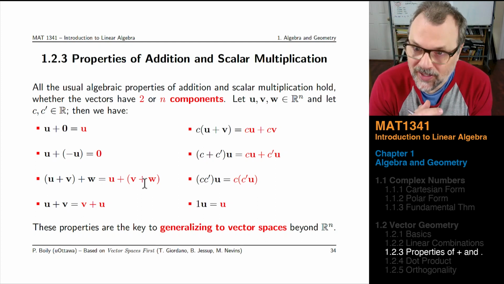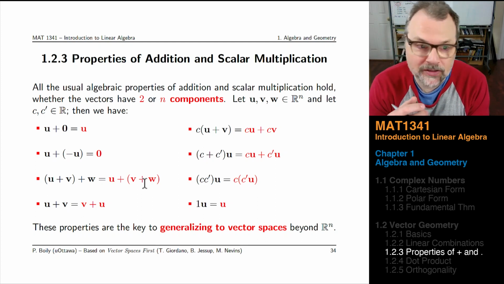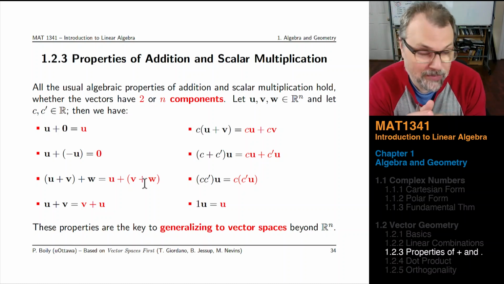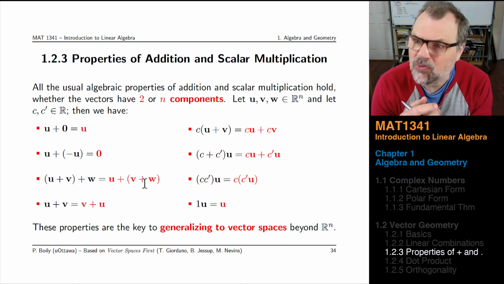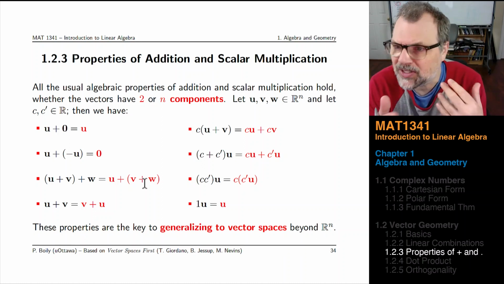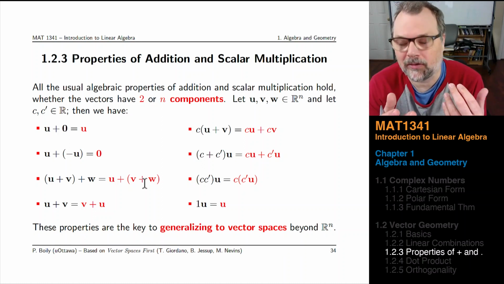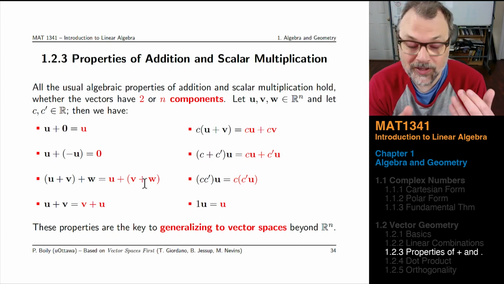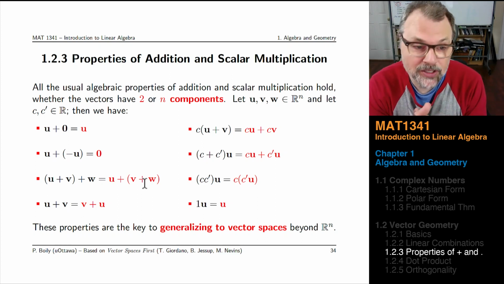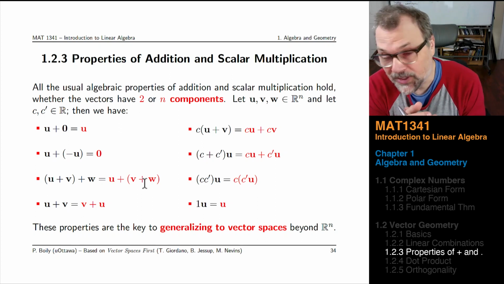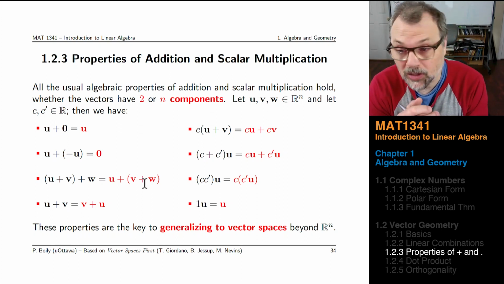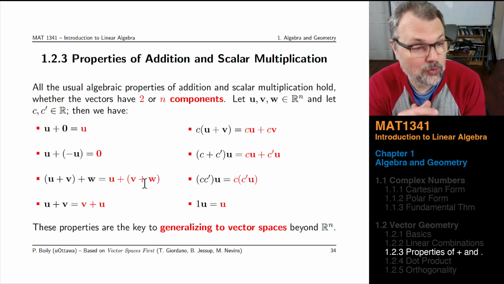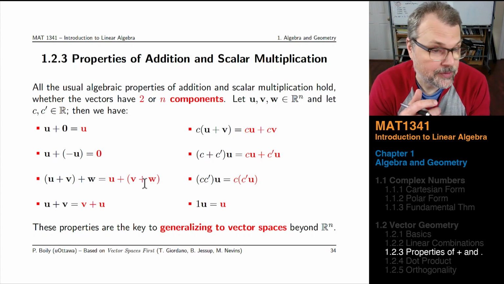But in advanced courses, you will see that you can define operations that are sums because they satisfy this property, but that don't really behave like a sum would. You're not even adding numbers together, you're adding other things together. And when the operation doesn't satisfy these properties, but satisfies other properties, we tend to call them products or multiplications. That's neither here nor there, it's just something for advanced courses.